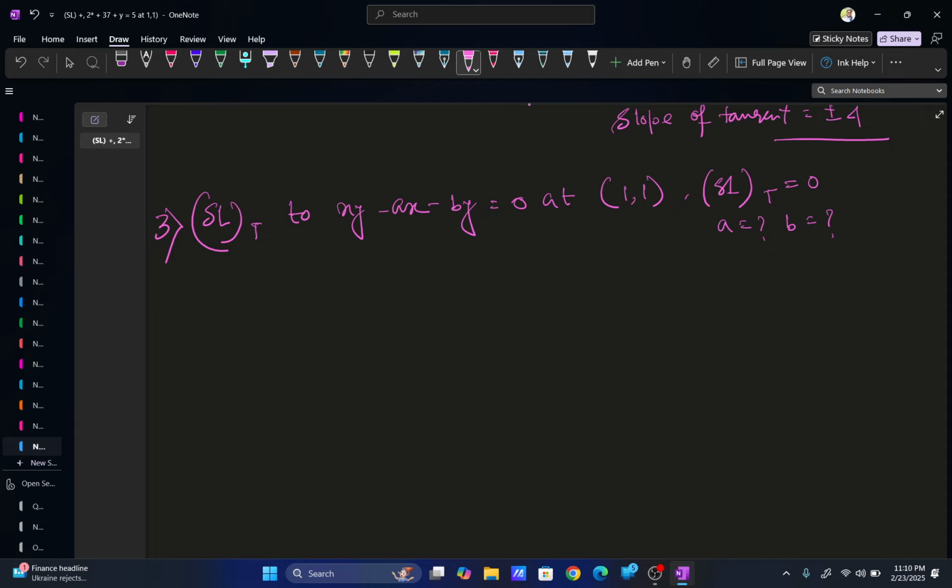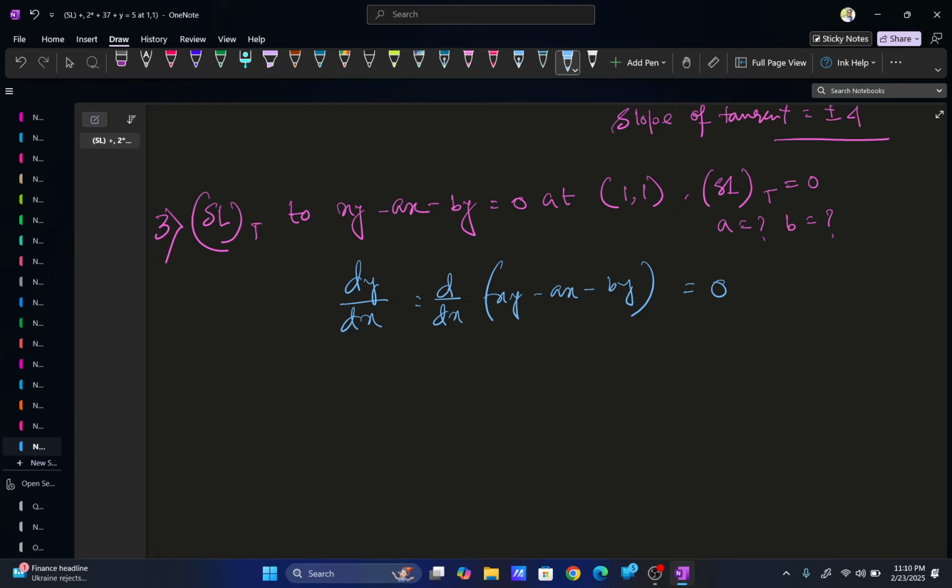Seeing this type of question, what we do at first is take the derivative of this curve equation. So we do d/dx of xy minus ax minus by equals 0, because the slope is 0.